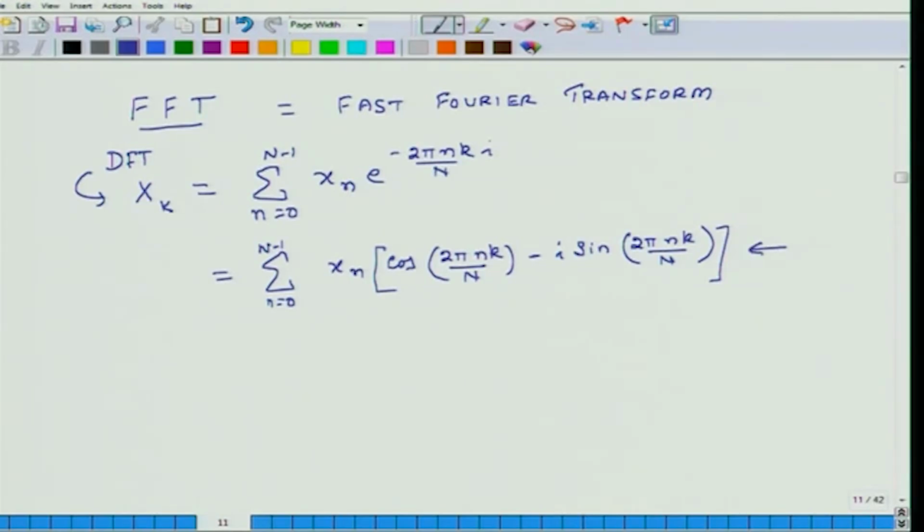So, this is the discrete Fourier transform for a function x_n.